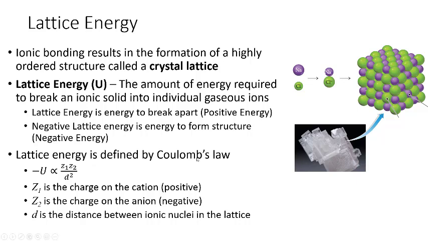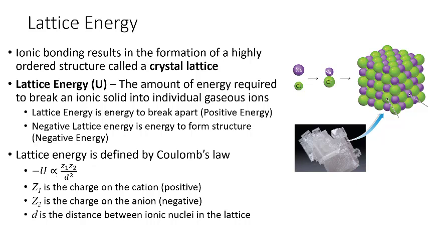And this lattice energy is defined by Coulomb's law. Coulomb's law states that the lattice energy, in this case the negative of the lattice energy, is proportional to, using this Greek symbol called alpha, which basically means proportional to. Coulomb's law has some other constants that we don't really care about in this course.